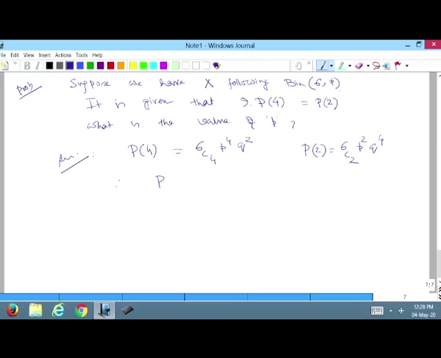Therefore, P2, that is probability of 2 upon probability of 4 is equal to 9.